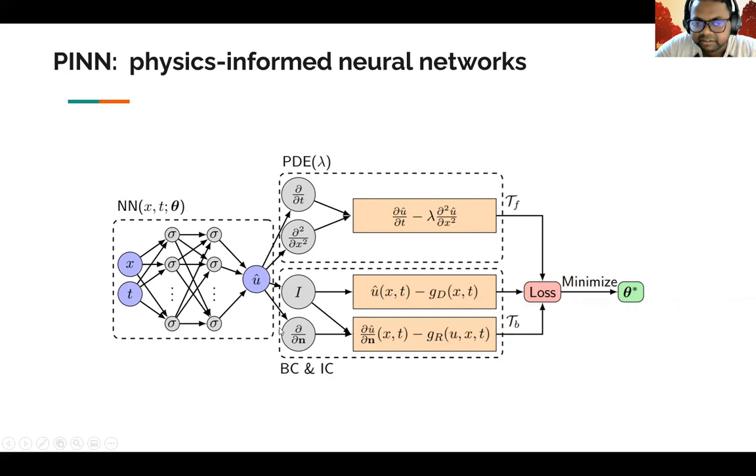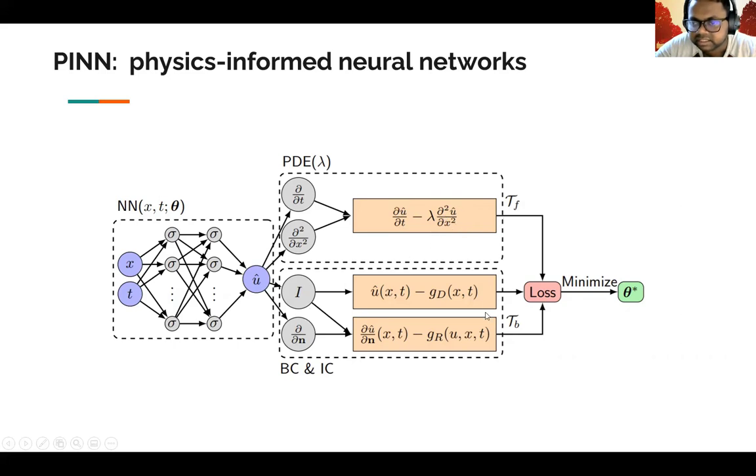Once you have this physics-informed neural network, now it is a neural network. A physics-informed neural network comes with additional parts, but just the neural network gives this U hat. Once you have this U hat, you can, using automatic differentiation, define the PDE operators, which are dou u by dou t, dou square u by dou x square, and other boundary conditions and initial conditions, which you see here. Once you define these operators, you can evaluate the strong form residual or a weak form residual in the case of variational methods.